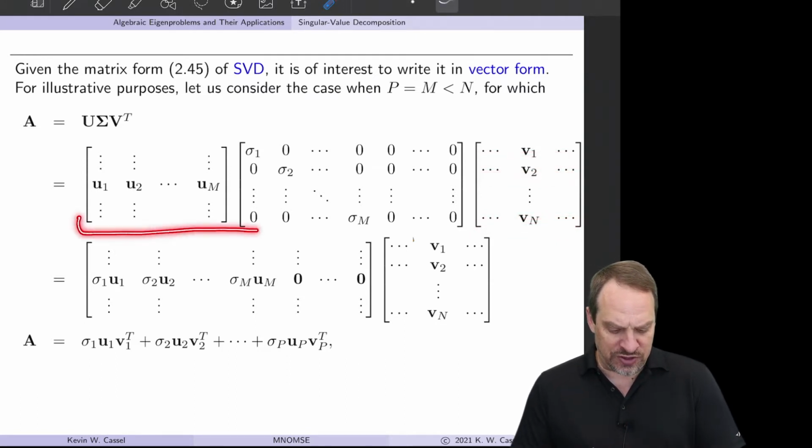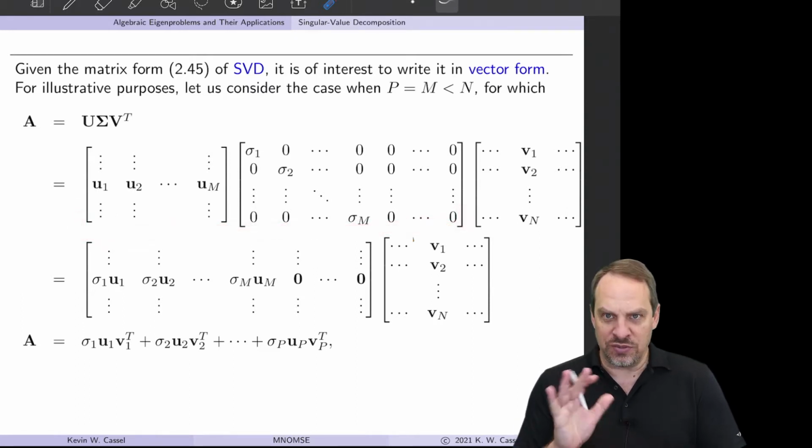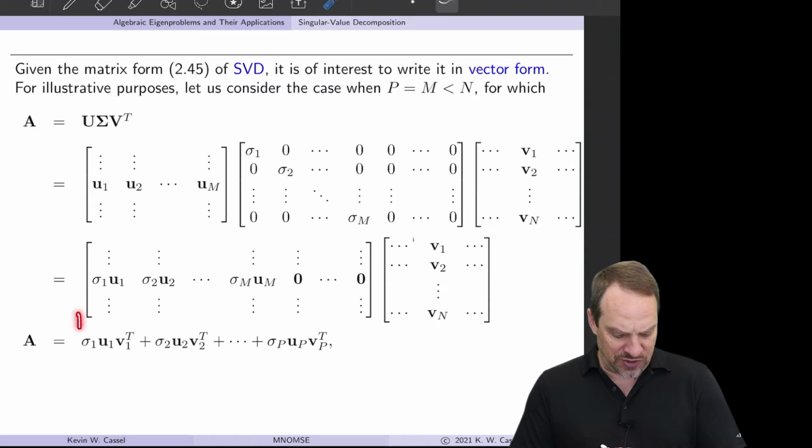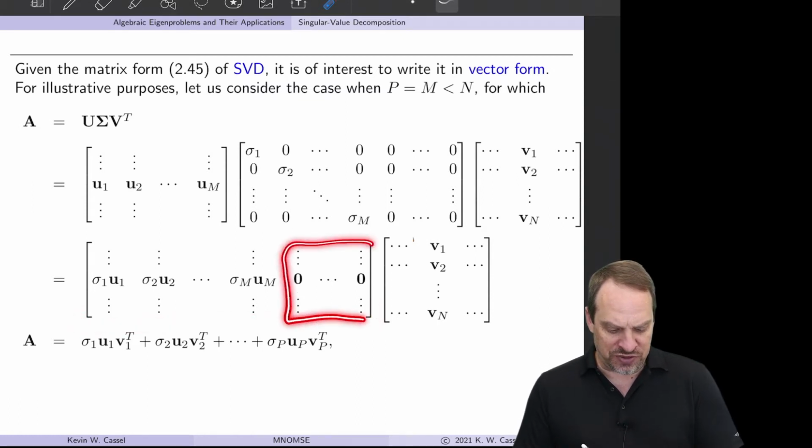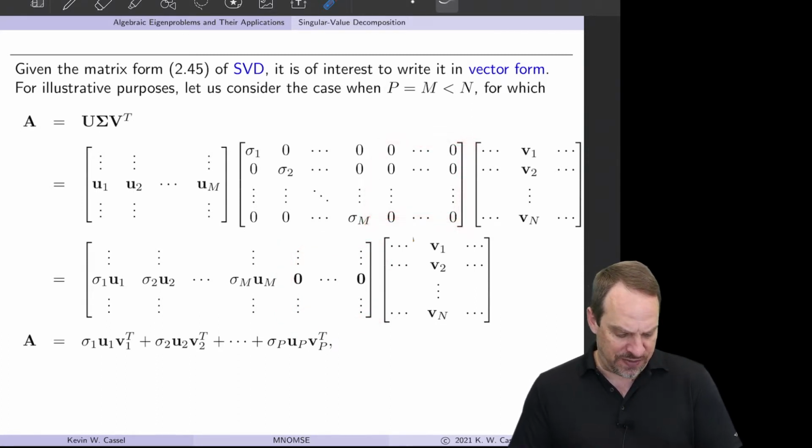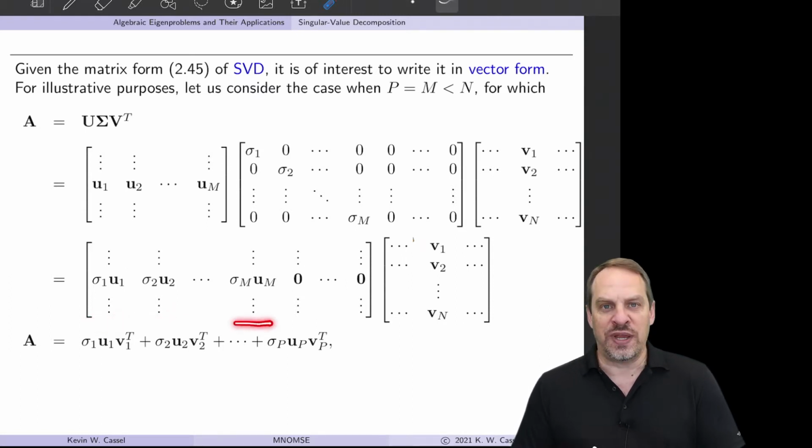If I first take this matrix product, U times sigma, you can convince yourself that it's equal to this. There's a big block of zeros here on the right for this particular case, m less than n. The first column is simply sigma 1 times U1, second column is sigma 2 times U2, all the way through to m, and then all the others are 0.